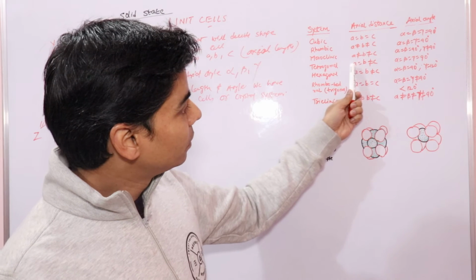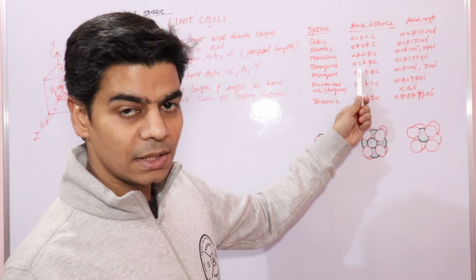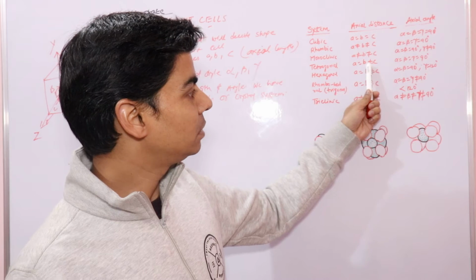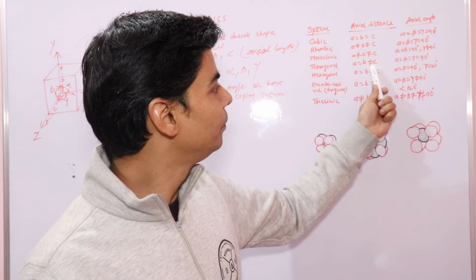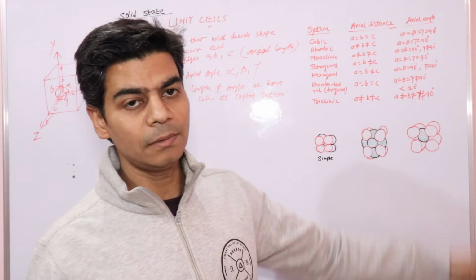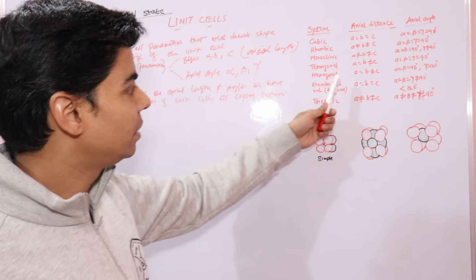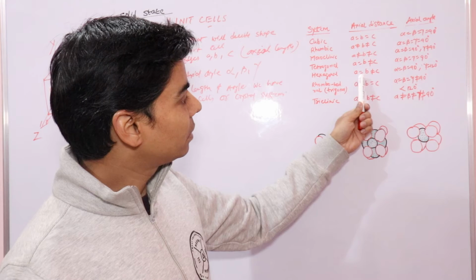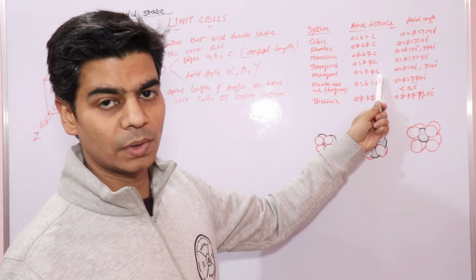Tetragonal: you notice that two axial lengths A and B are equal, but A and B are not equal to C, so one axial length is different, but all the axial angles are 90 degrees. Similarly, hexagonal: two axial lengths are equal, but the third one is not equal.